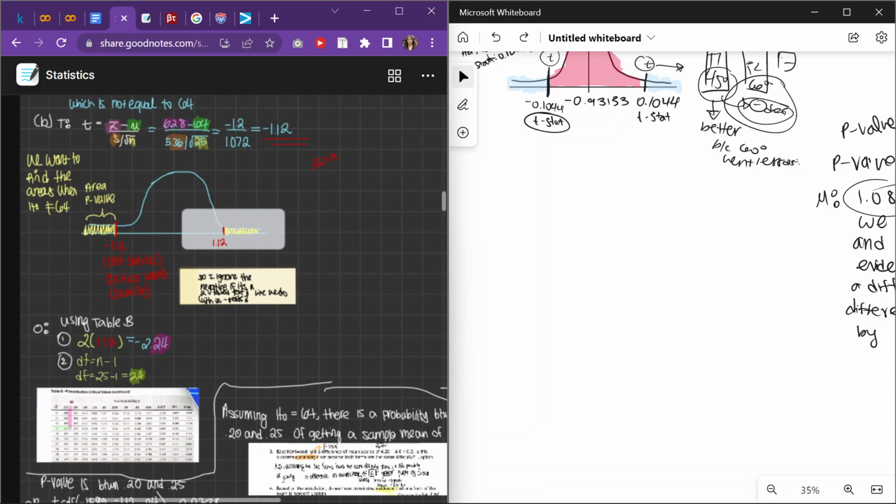So this is the probability of UDiff not being equal to 0.